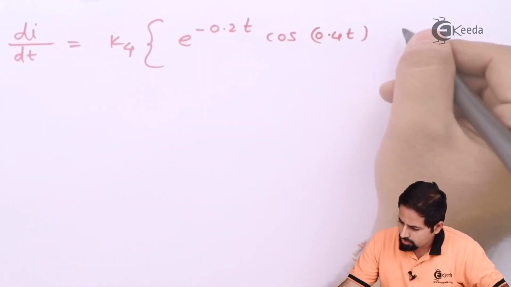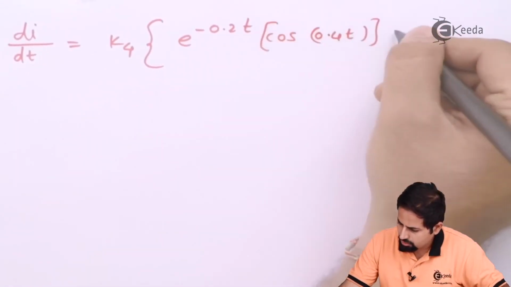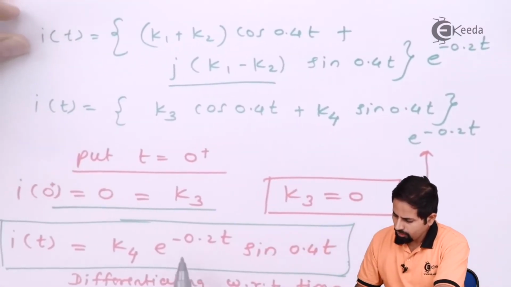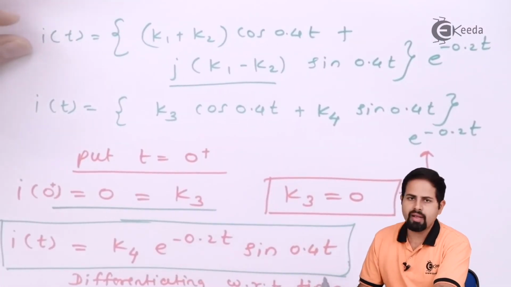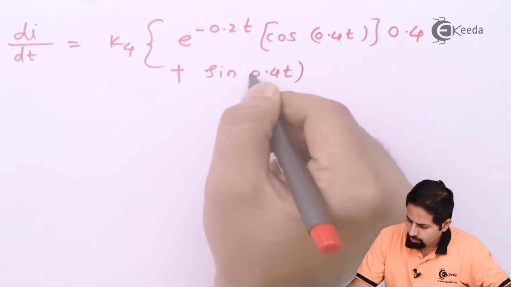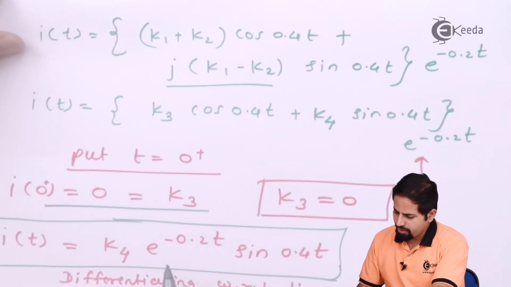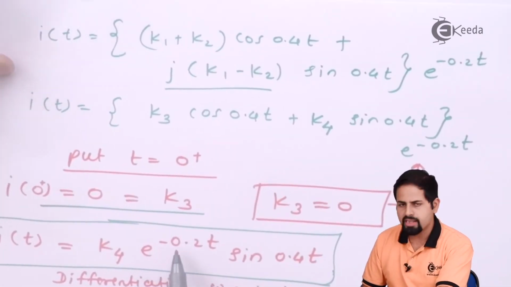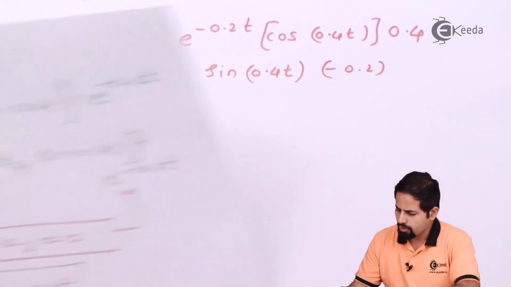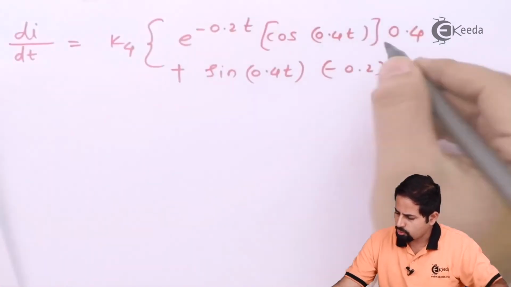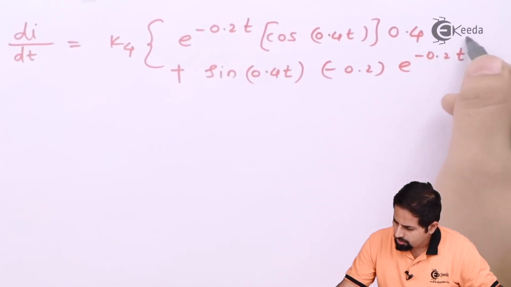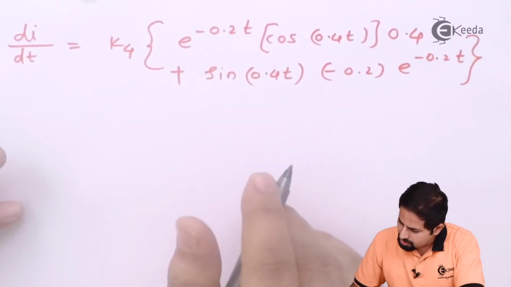So plus derivative of this term and sine term as it is. So sine of 0.4 t, and derivative of this term is again the minus 0.2. So it is minus 0.2 multiplied by e raised to minus 0.2 t. So this is how the derivative is.